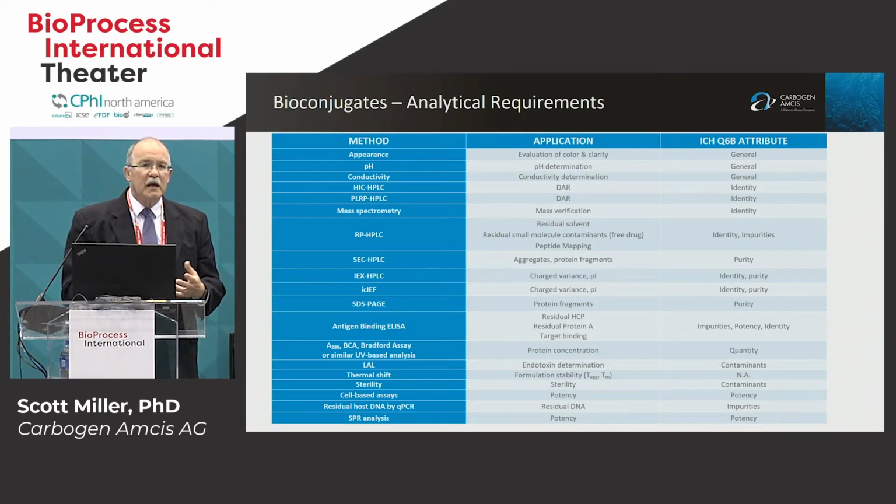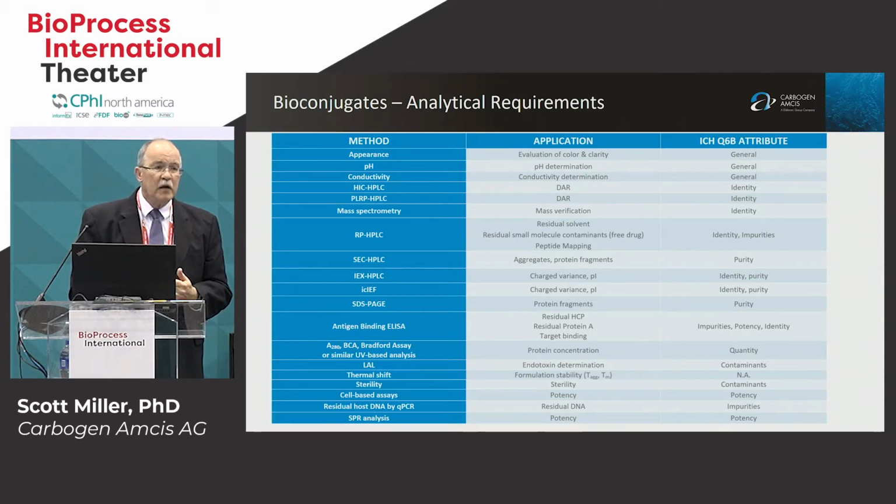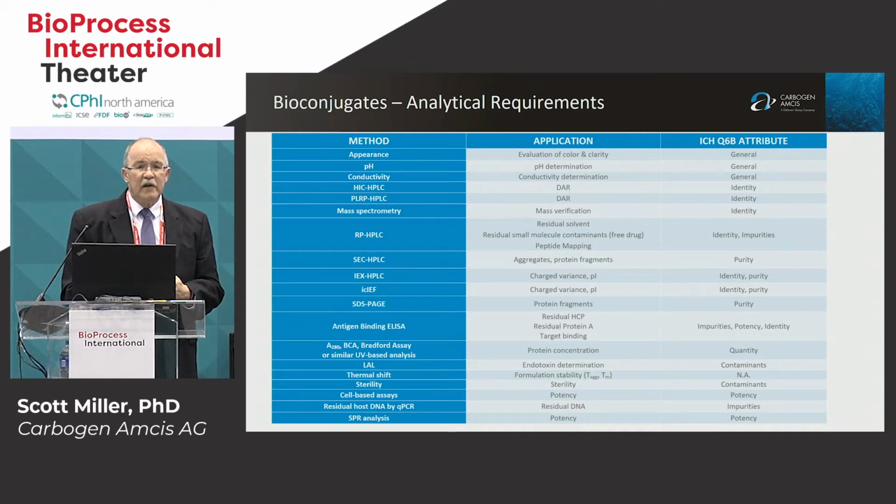So a vendor needs to be competent both on the small molecule analysis as well as on the antibody and the ADC side. Antigen binding ELISA, and then the more specific cell-based assays, residual host DNA, SPR analyses. Many vendors may actually have to outsource that.